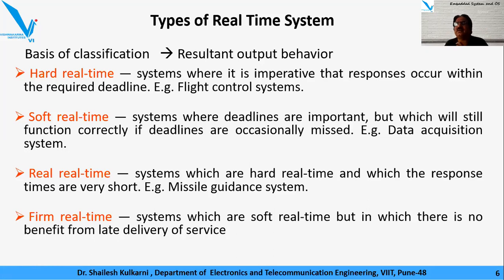Okay, so if we see very complex embedded systems like avionic controls and all, that falls into the hard real-time category. Most of the consumer electronics or different systems that we use in day-to-day life happen to be soft real-time systems, and then there are many in the firm real-time category.